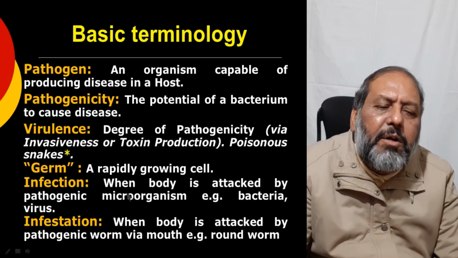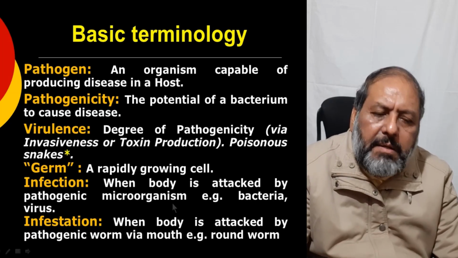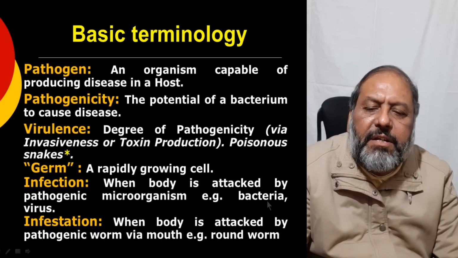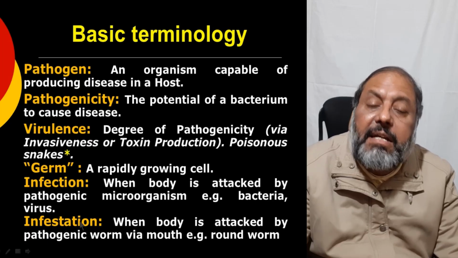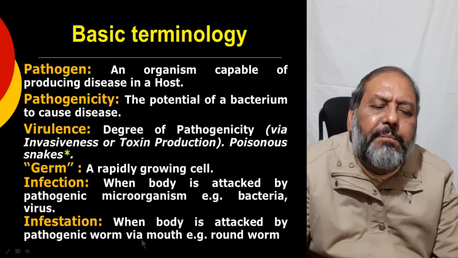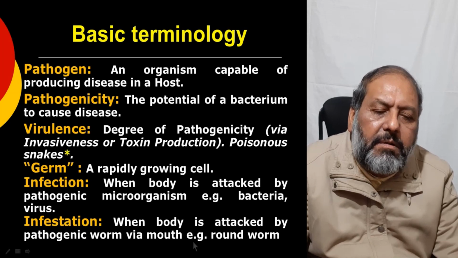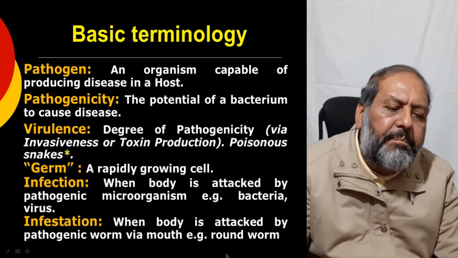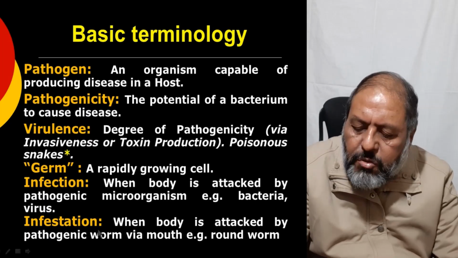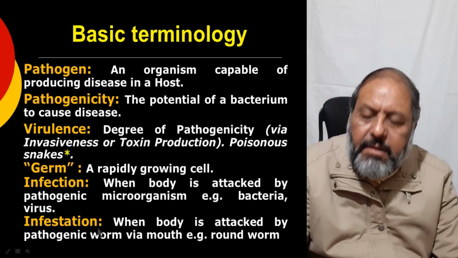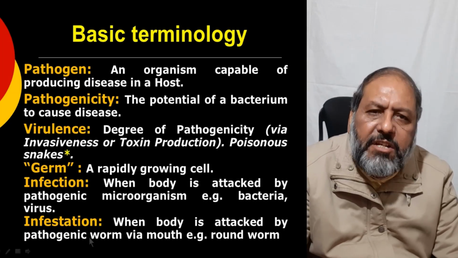Infection is when the body is attacked by a pathogen, a microorganism or microbe like bacteria or virus. Infestation is when the body is attacked by a pathogenic worm via the mouth, like roundworm or pinworm. These get into the body via the digestive tract, so this is called infestation.